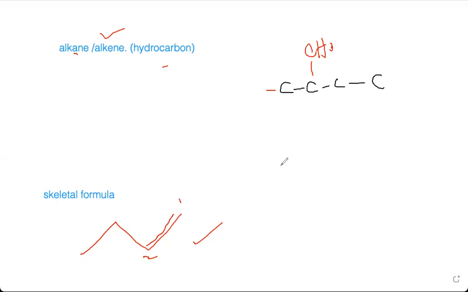So this is methyl. For example, definitely the rest of the bonds will be filled with hydrogen. What is the molecular formula of this thing? 1 carbon, 2 carbon, 3 carbon, 4 carbon. Okay. So C4.